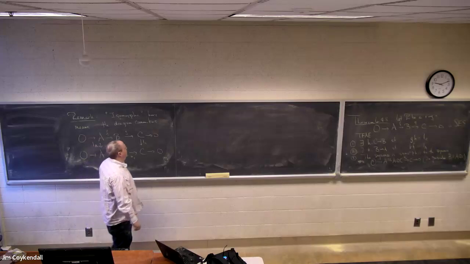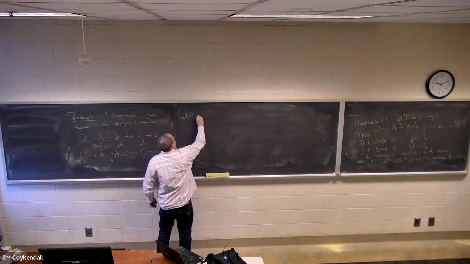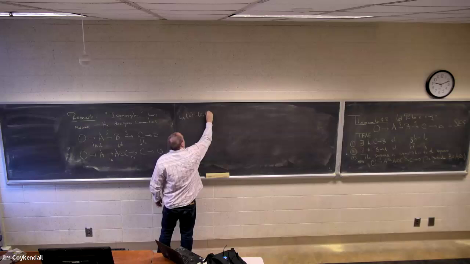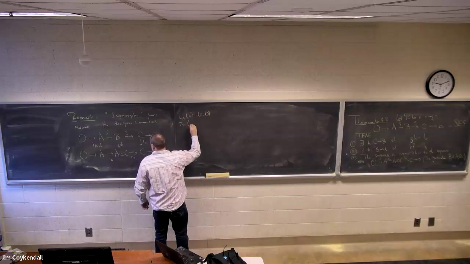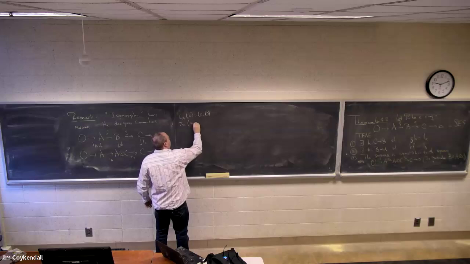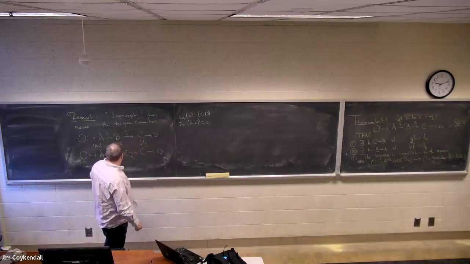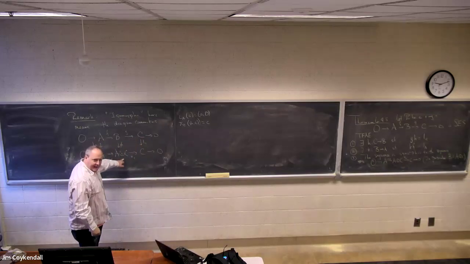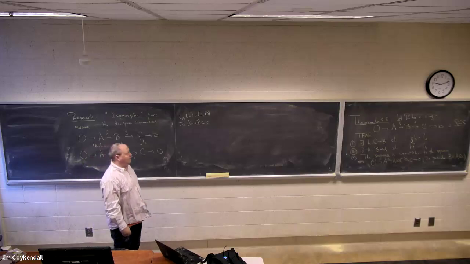And let me make clear here, this is the projection from A and A comma 0, and this takes A comma C and just reads off the same factor like this.